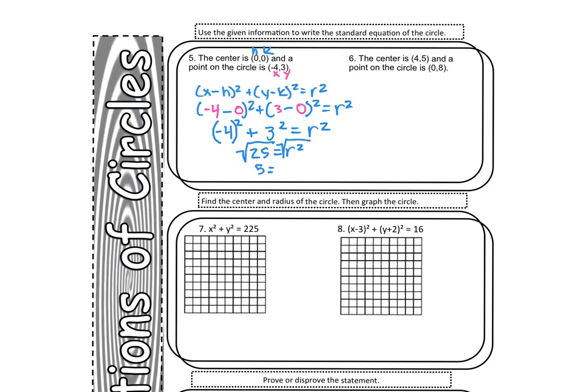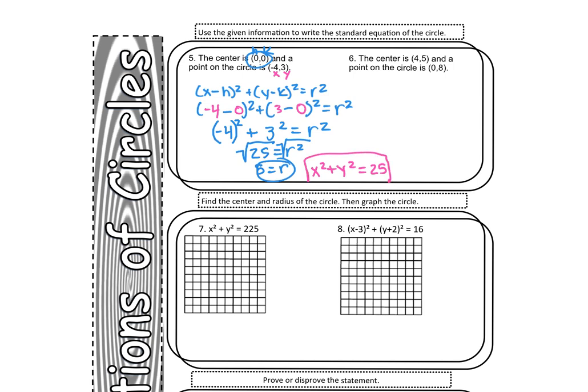So the square root of 25 is 5. So now that we have our radius and our h and our k, we can write our equation, which would be x squared plus y squared, because it's 0, 0. And then equals radius squared, so 5 squared is 25.